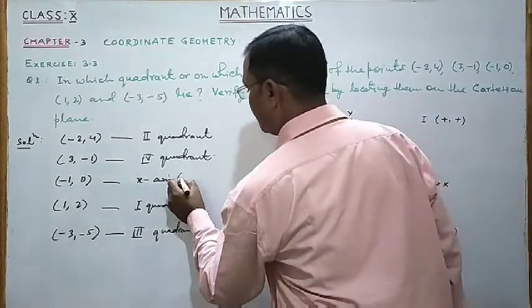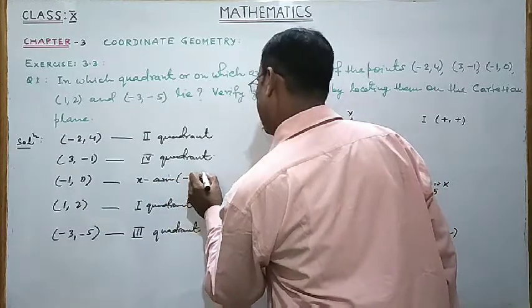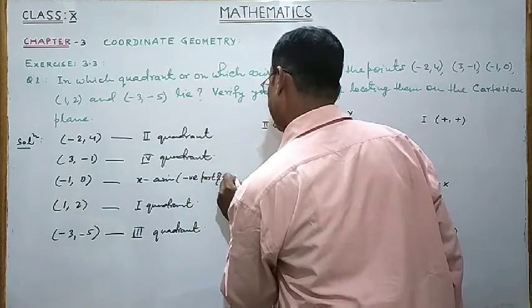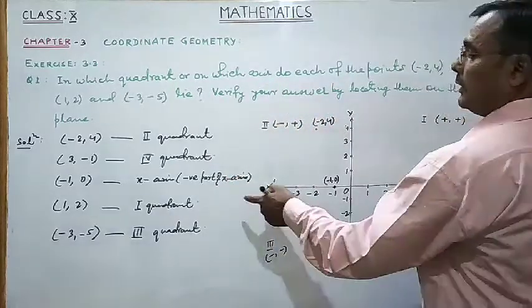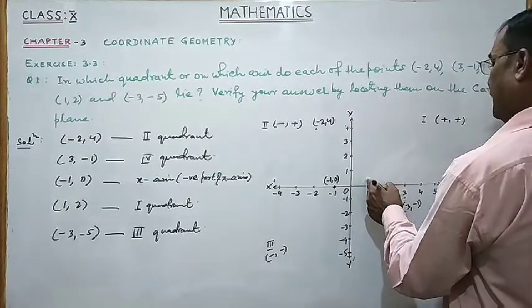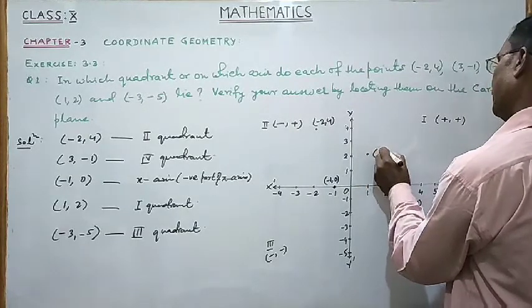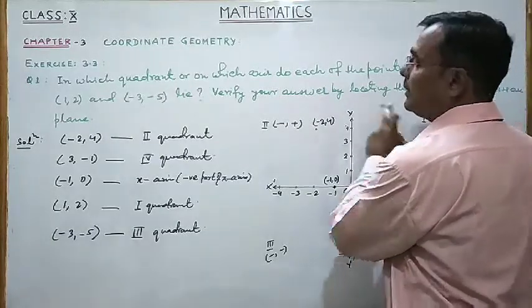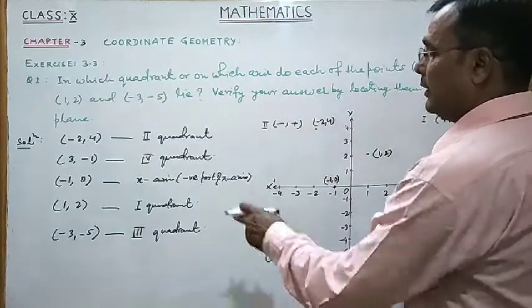So here you can also write negative part of x-axis. Next point is (1, 2). X equal to 1, y equal to 2. So it will be this point (1, 2), and this point lies in the first quadrant. We have also written this point lies in first quadrant.